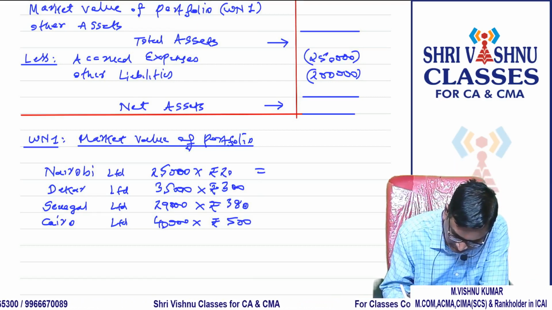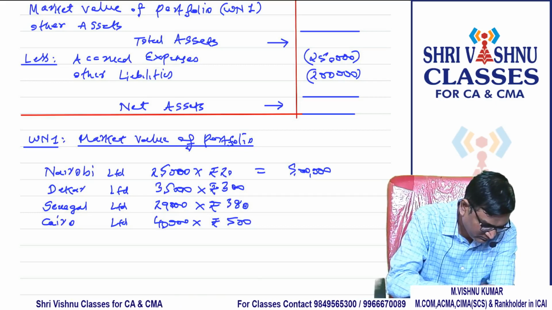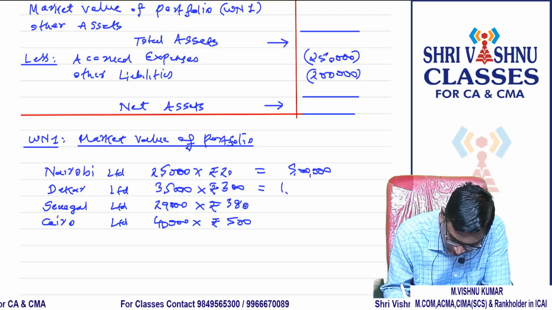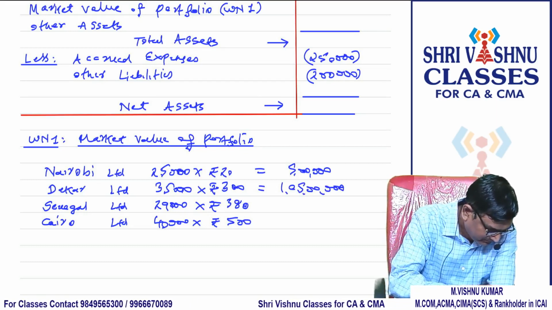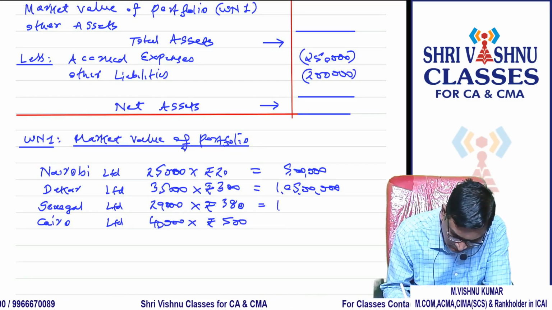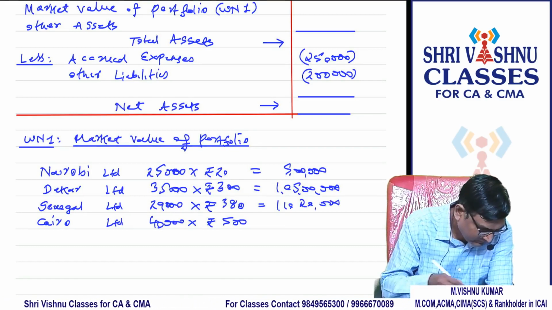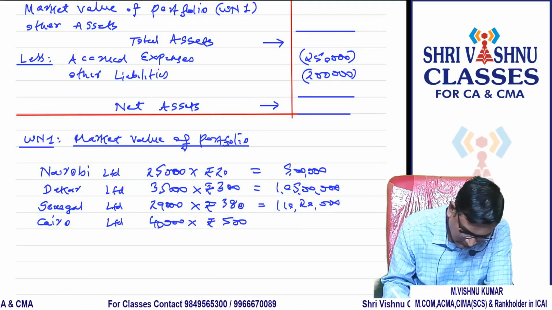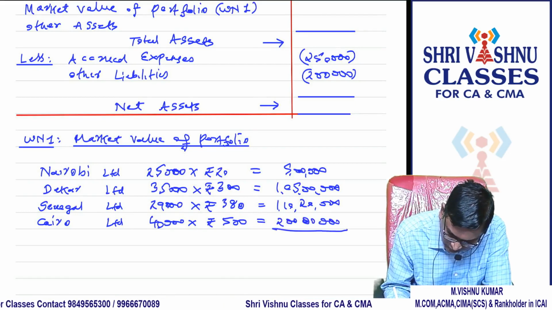Five lakhs. One crore 5 lakhs. Lakh 20,000. 2 crores.